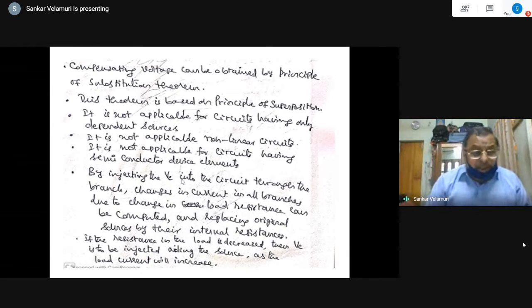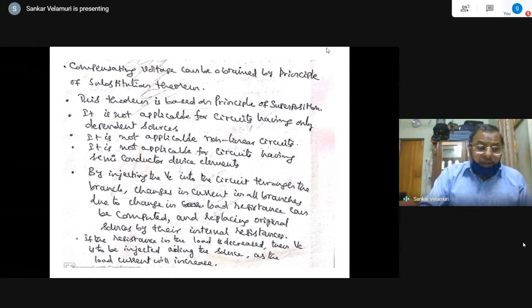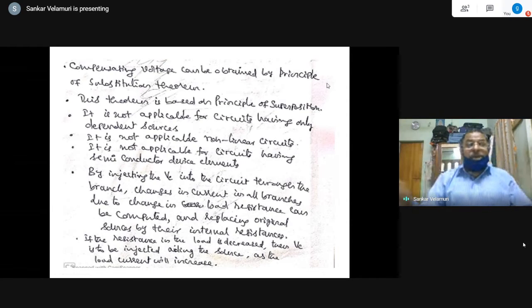Whereas in the second case, if the resistance is decreased, the current will increase in the load. In order to compensate for that, the source will be aiding, in the direction of the current, and you can find the changes in the currents also. How much the current increases can be obtained.